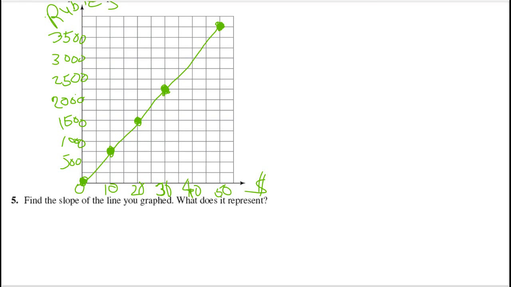So I got my line. To get my slope, as we've done before, we take our y2 minus y1, and I think of that as change in y because I know subtraction gives me change, divided by our x2 minus x1.